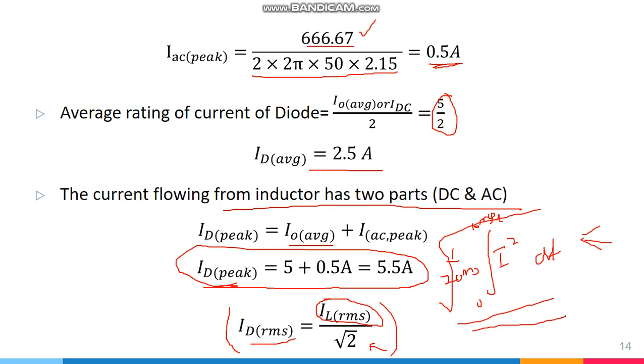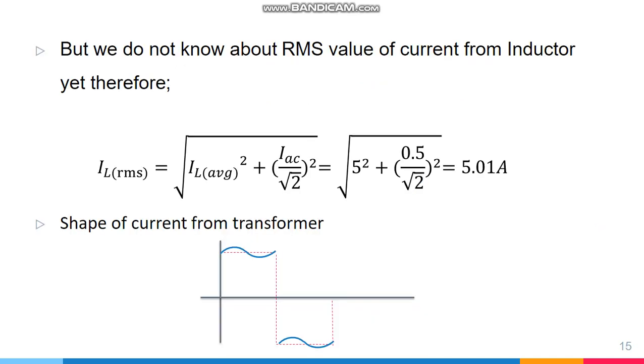But for the time being we do not know the RMS value of the current from this inductor. In order to calculate it, we know that there are two components. One is the average value, the DC component, which is equal to the load current, and the other is due to the AC component.